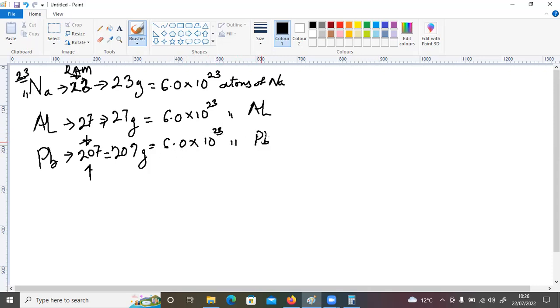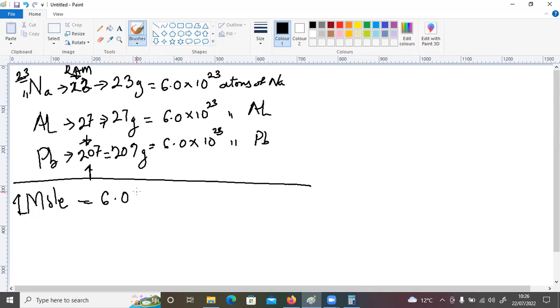So then they came to a conclusion that we will define 1 mole of any substance as that quantity of substance which, when you count the number of atoms or particles of that substance, you should always get that number.